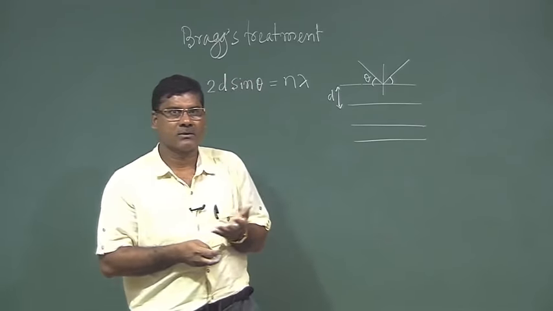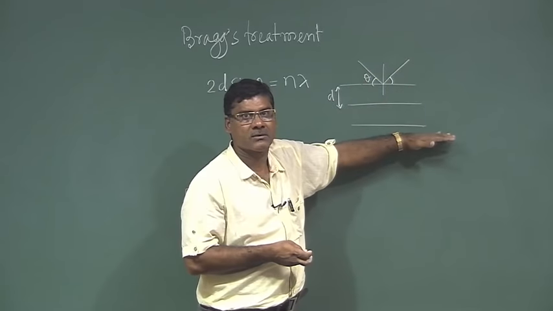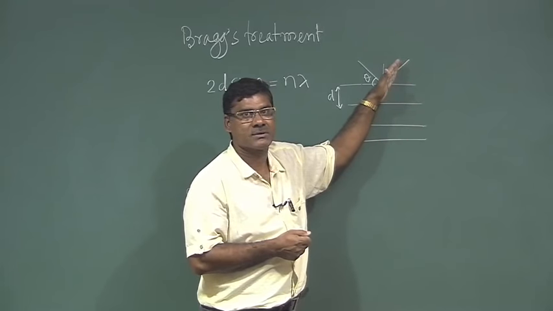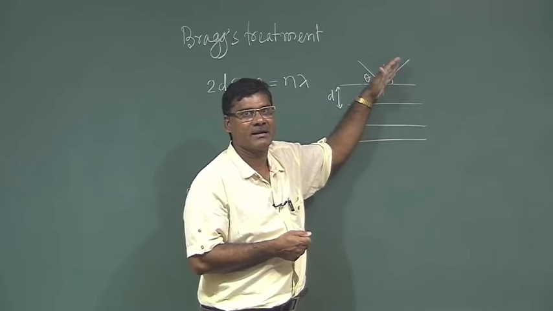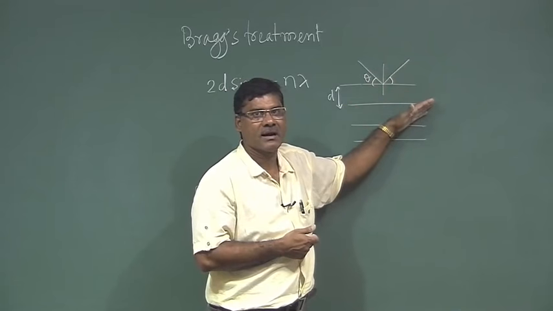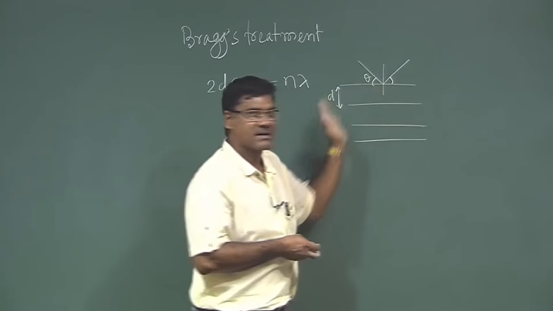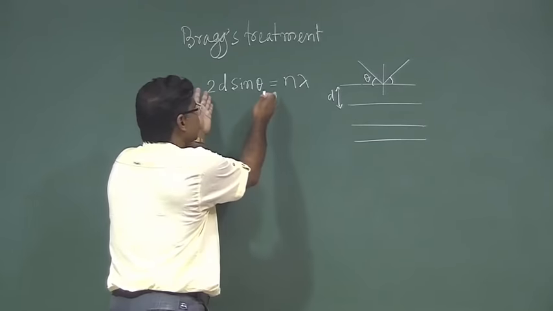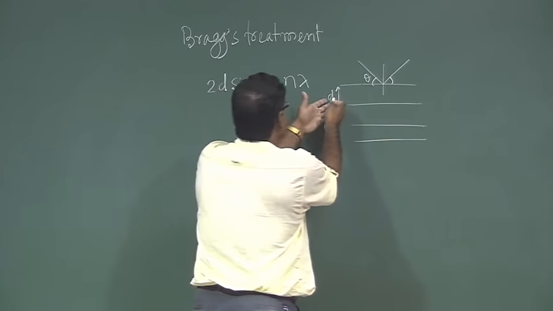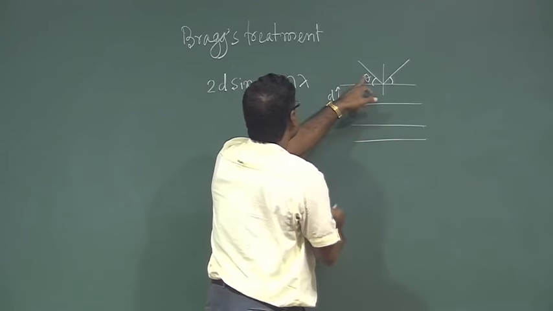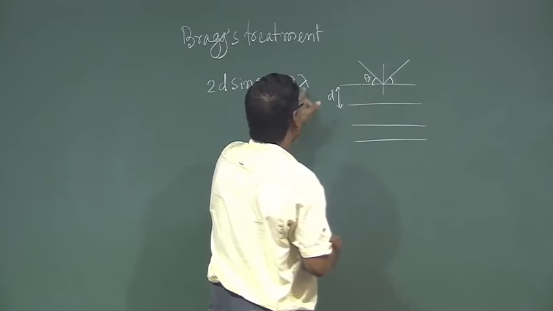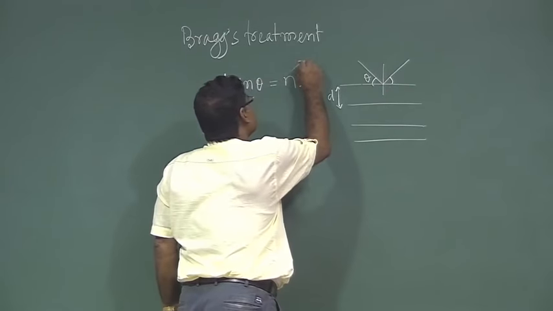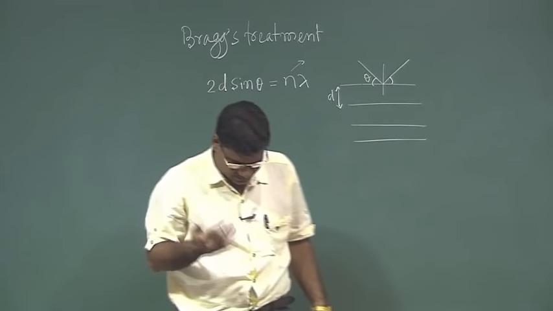That assumption gives this relation, where d is the lattice spacing, theta is the glancing incidence angle, lambda is the wavelength of the X-ray, and n is the order of the interference.